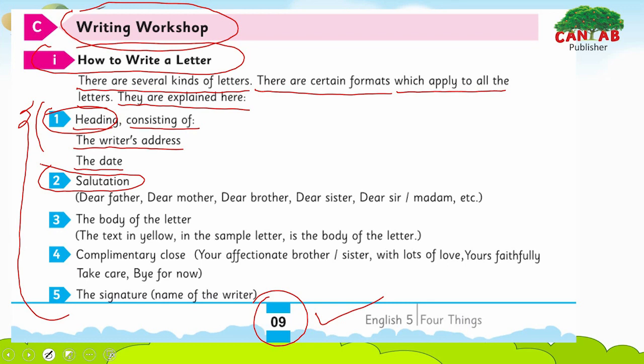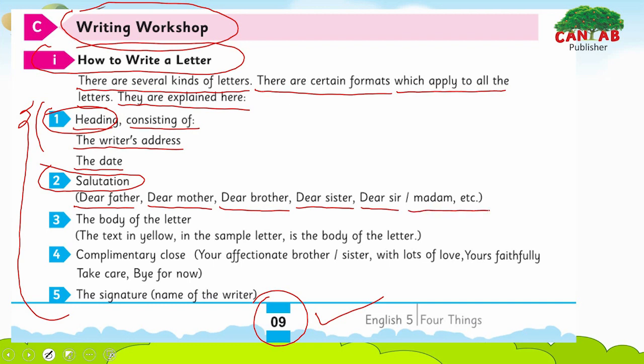Here the person who is going to be addressed is written. For example, if the letter is to his father, the salutation will be dear father. If it is mother, the salutation will be dear mother, dear brother, dear sister, dear sir, madam, etc.